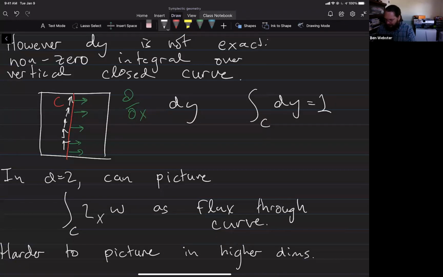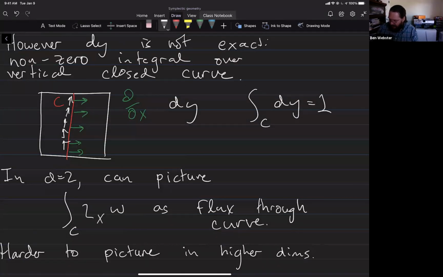If you think through what this operation of contracting with the symplectic form does, you're hopefully used to thinking of both one-forms and vector fields as vectors secretly. And this operation is just rotation to the right by 90 degrees, depending on your orientation.